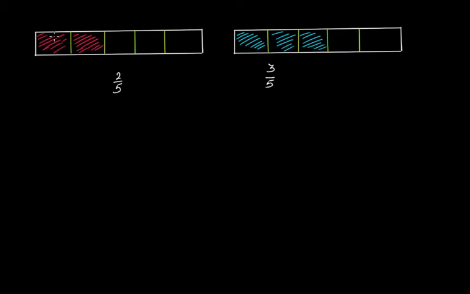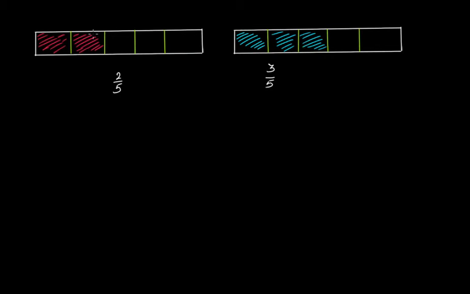And if I ask you which fraction is larger, then you can say that since both these blocks have been divided into 5 equal parts, taking two parts will of course be smaller than taking 3 parts, right? That makes sense.